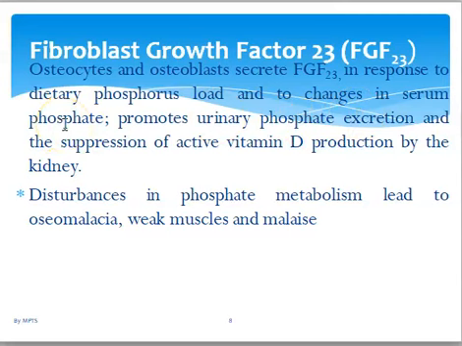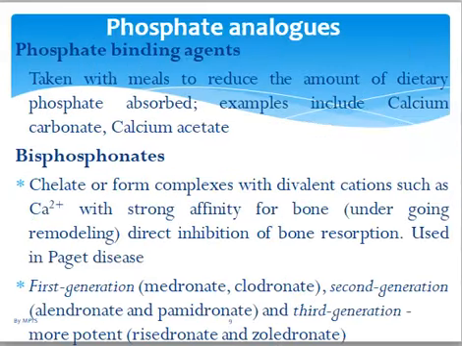It promotes urinary excretion in case the phosphates are high, and also suppresses the formation of active vitamin D. Remember we talked about vitamin D also enhancing the absorption of phosphate ions. So if we suppress vitamin D, we shall have a small amount of phosphates in the bloodstream. This type of phosphate metabolism problem can lead to osteomalacia, weak muscles, and of course malaise.